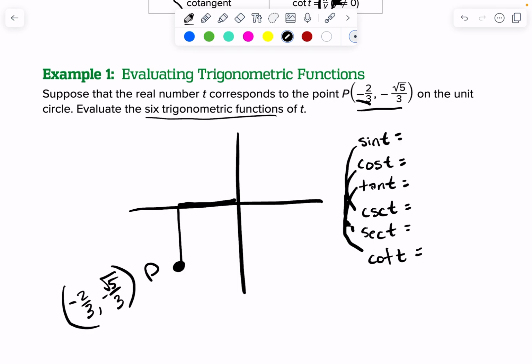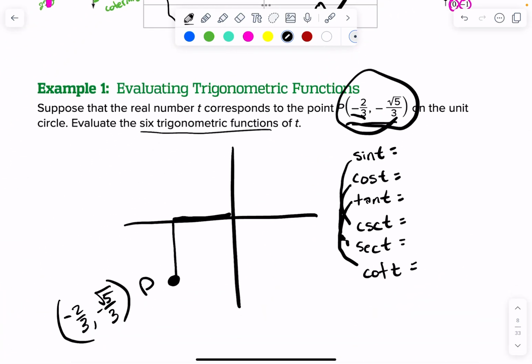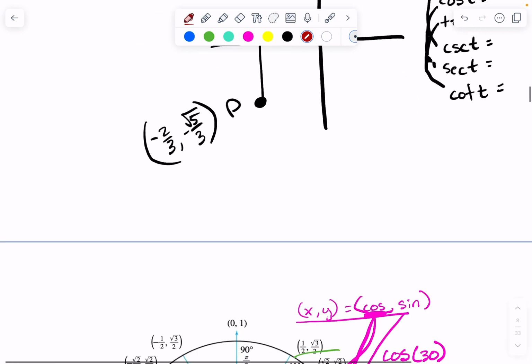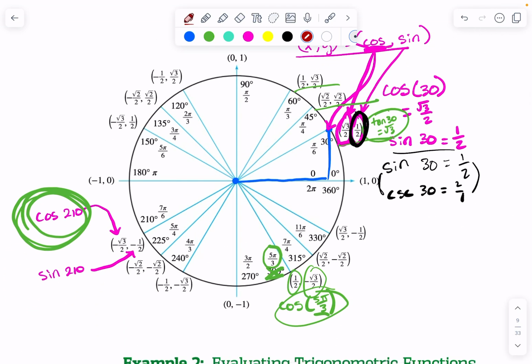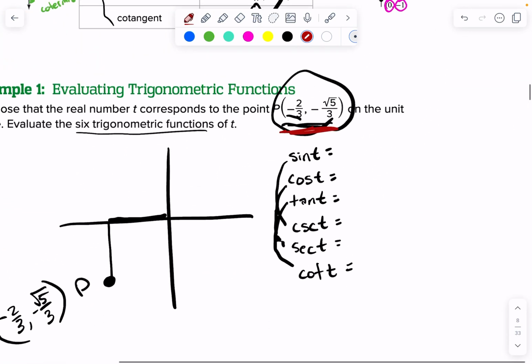Now, this is not one of the specifically labeled points on the unit circle. It would be on the unit circle, like it might be this point right here that doesn't fall exactly at a nice place. So it lives there, but it doesn't have a nice coordinate point.